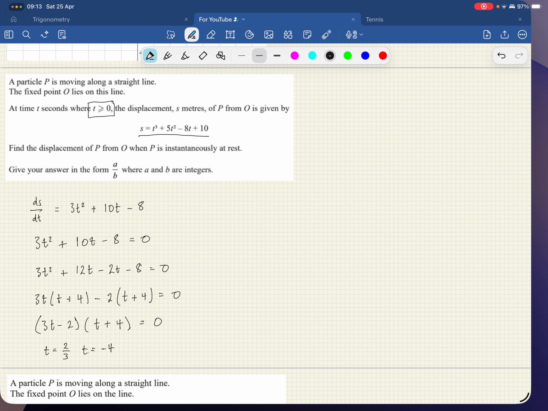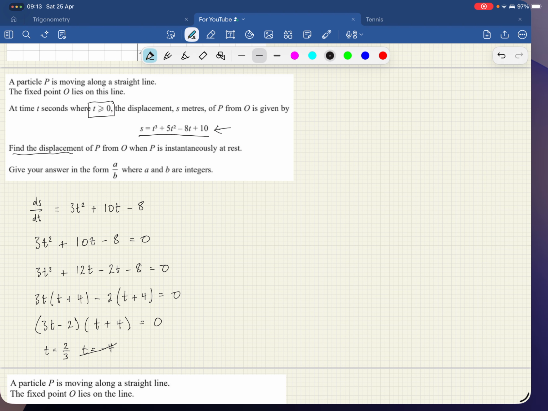So we can reject this. I'm going to put a line through that. And we now have the time at which we are instantaneously at rest, but we haven't got the displacement. We're asked to find the displacement. This function here, if you put the t in, it'll give you the s, and that's what we need to do.